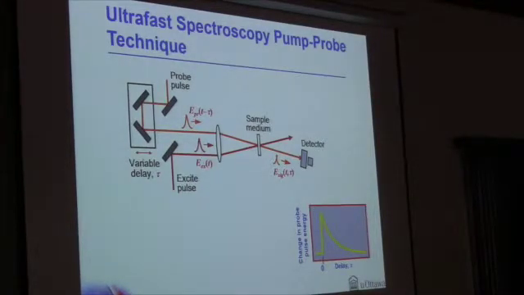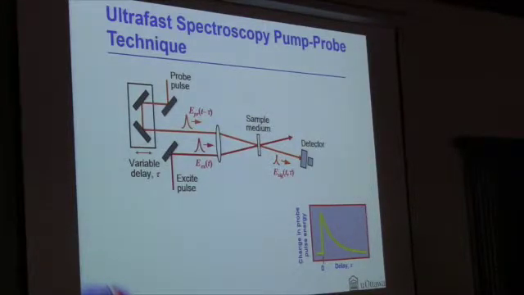I want to end this part by saying that autocorrelation or FROG or any of these techniques is no different than almost all measurements that are done in ultrafast spectroscopy. In ultrafast spectroscopy, you bring some sort of pulse in, an excitation pulse, and we excite a sample.